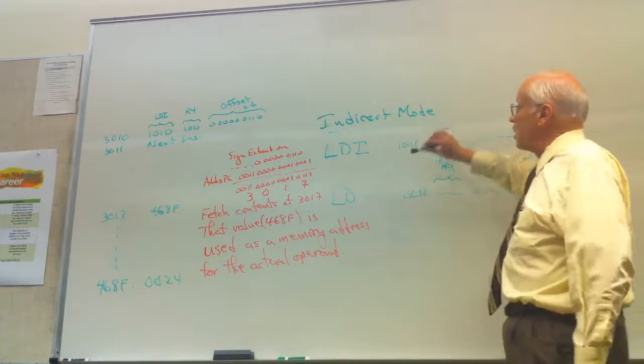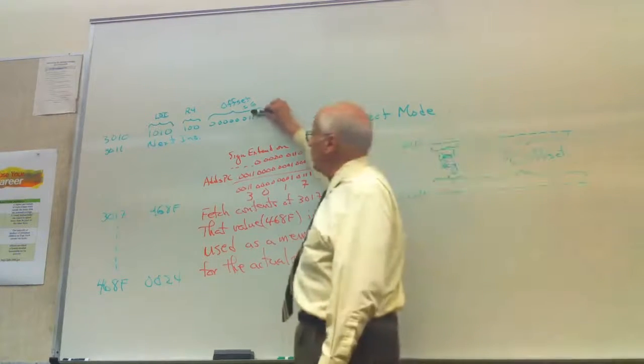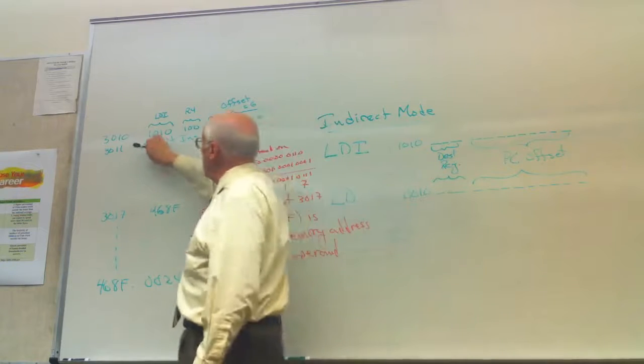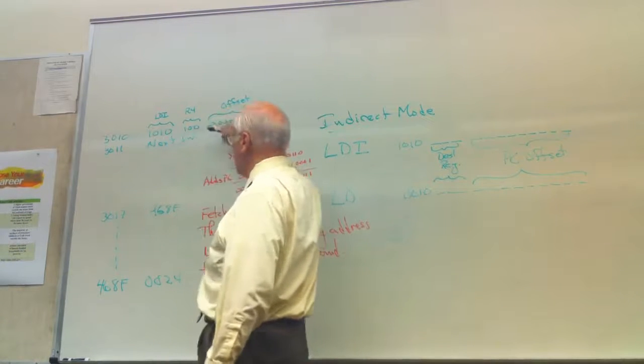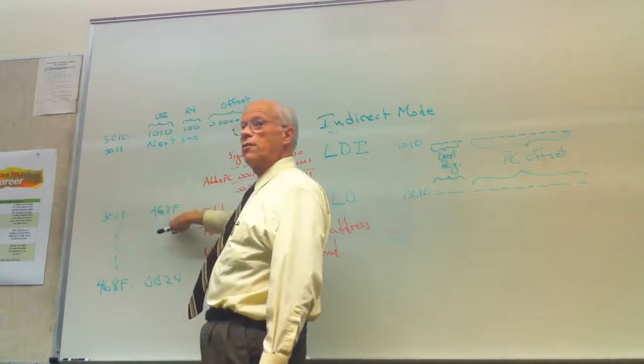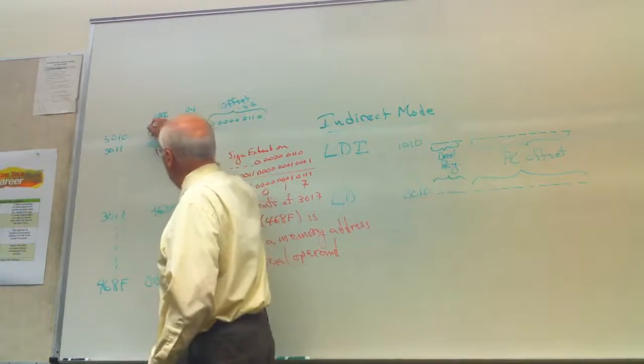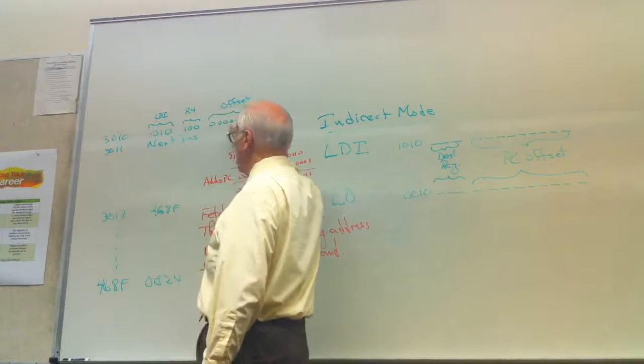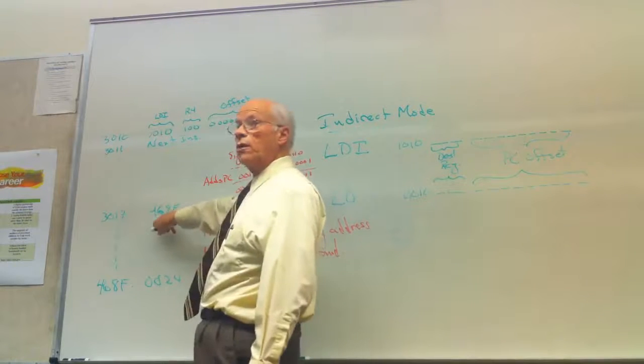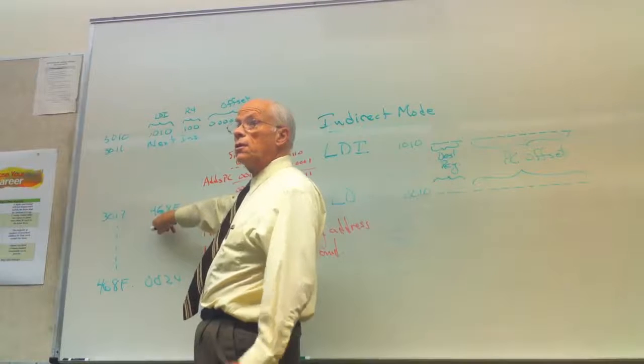If you're doing this kind of instruction up here, because of the opcode, it knows that going to that location, it's going to contain an address. If you just change that to a 0, then it knows that when it goes to this thing, that's the operand. That's how it knows.